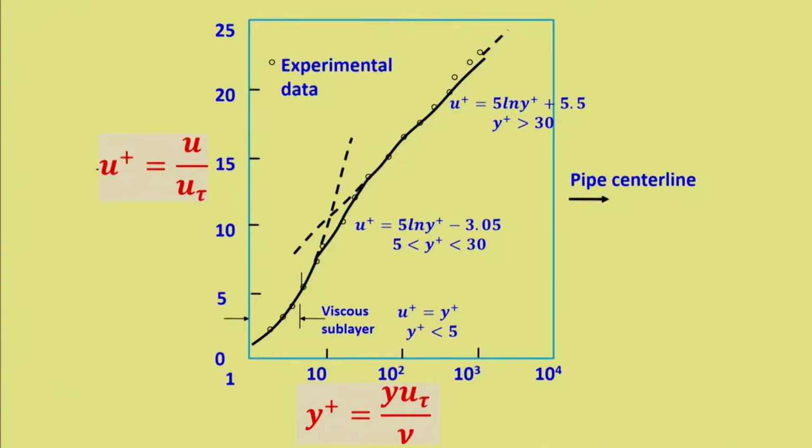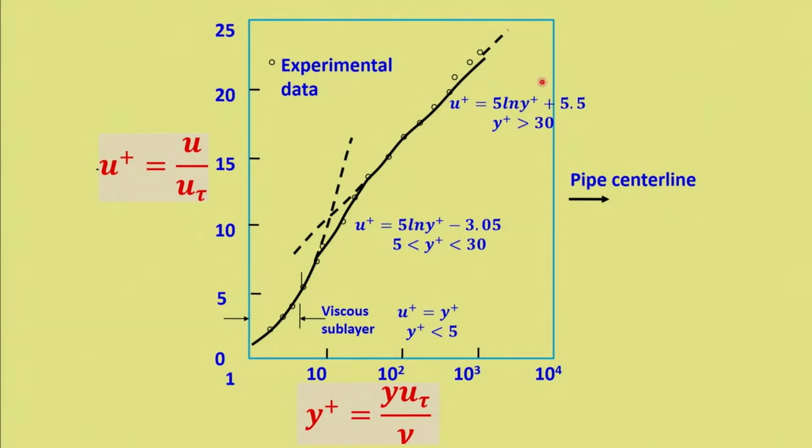So now, if you recollect, let me get back to the slides. This was what I had projected. In this graph, I have plotted u plus versus y plus, and I had given the viscous sublayer, buffer layer and the turbulent layer. Now let us see, can we derive this?